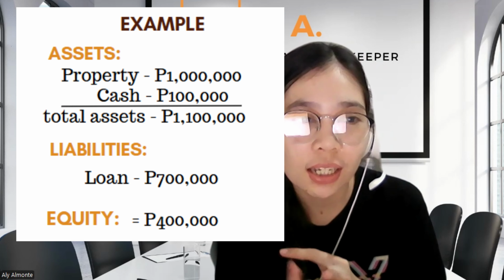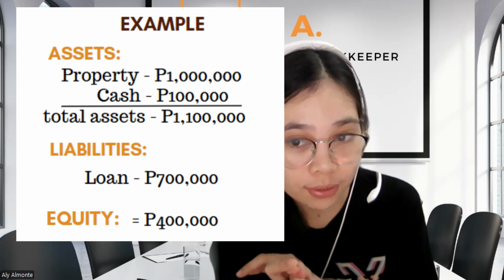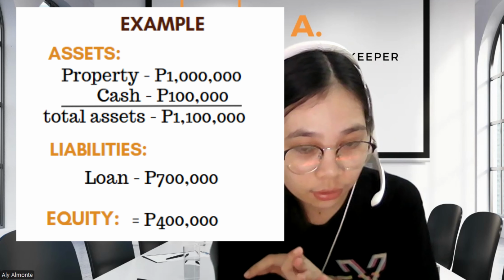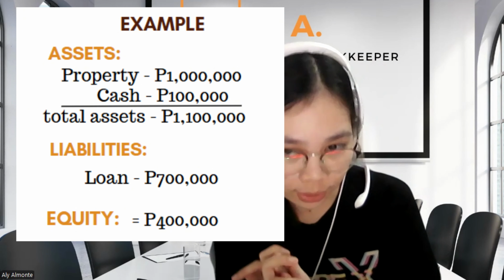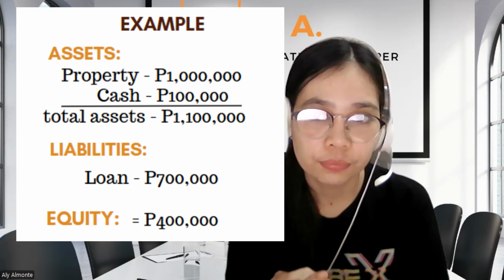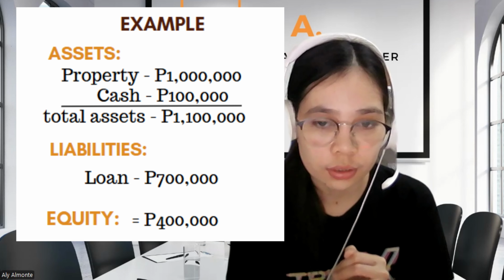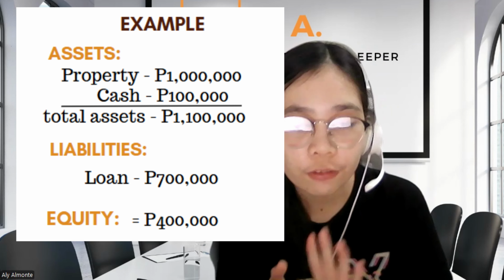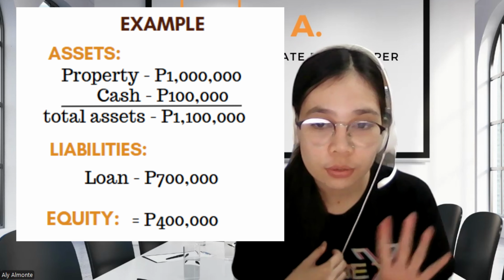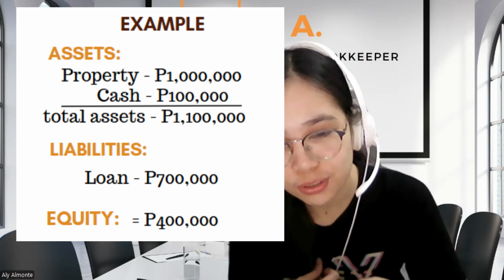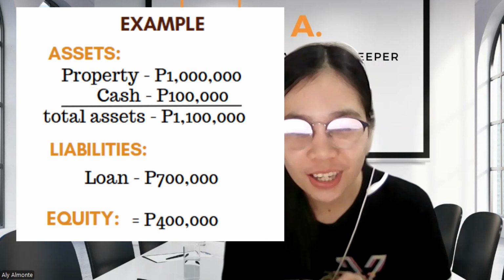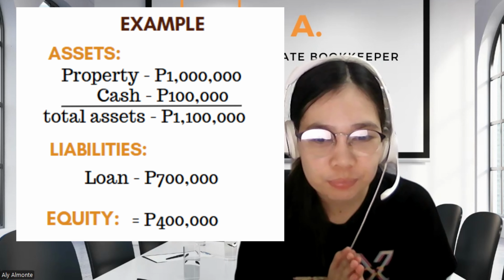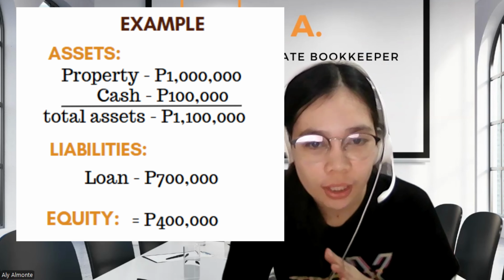So, meron ka na lang na 300,000 pesos na natitira. So, that is your net worth or your equity. Sorry, 400,000 pala. 400,000 na lang yung net worth. So, yun, dapat magaling ka sa math. So, anyway, yun yung accounting equation.